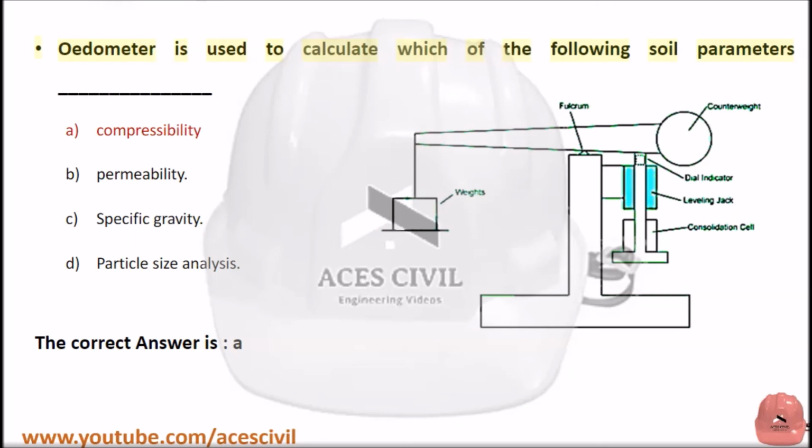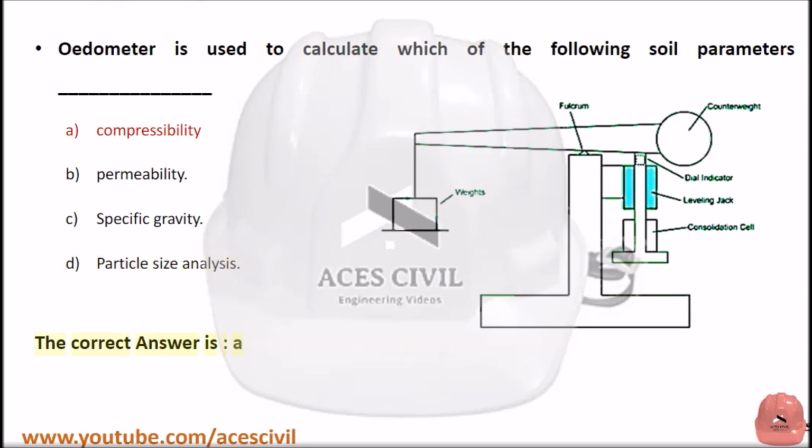Oedometer is used to calculate which of the following soil parameters? A. Compressibility. B. Permeability. C. Specific gravity. D. Particle size analysis.